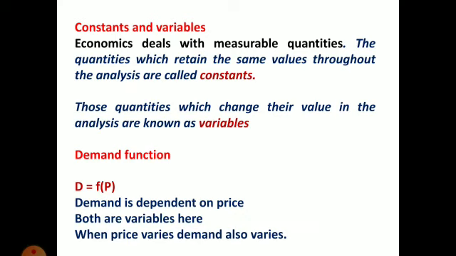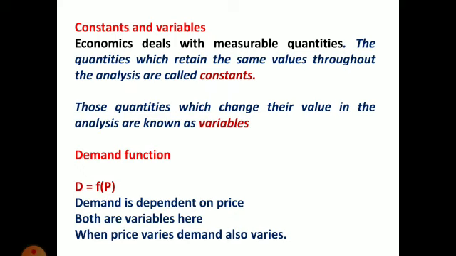To make these concepts more clear, let me explain this with the help of functional relationships. Now let's go back to the same thing, demand function. How do we write demand function? D is equal to F of P. That is, demand has a functional relationship with price. So demand is dependent on price.